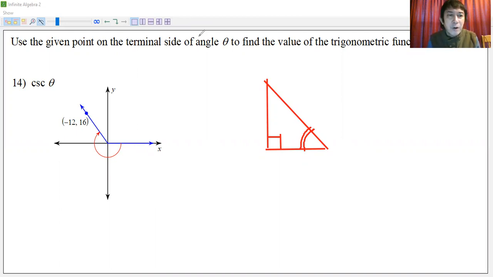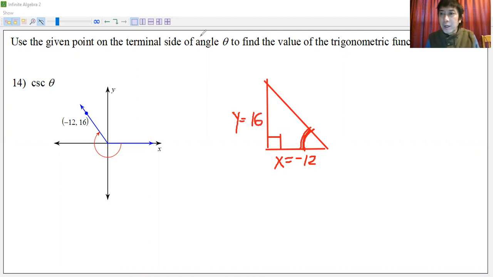So our x is the first number, which is negative 12, and for our reference right triangle, it will be for the adjacent side with respect to this angle. Now the 16 is for the vertical distance, that would be for our y, and this is a positive 16.